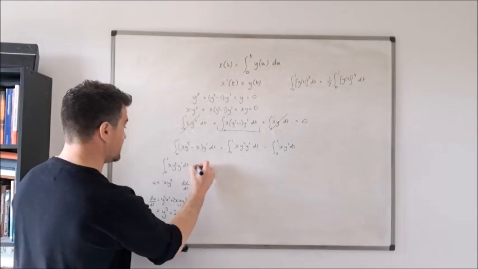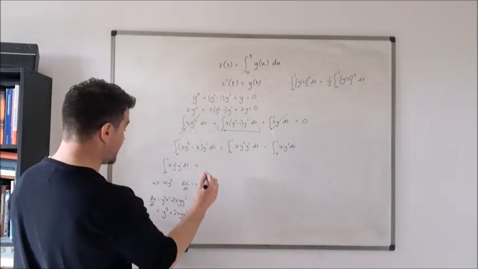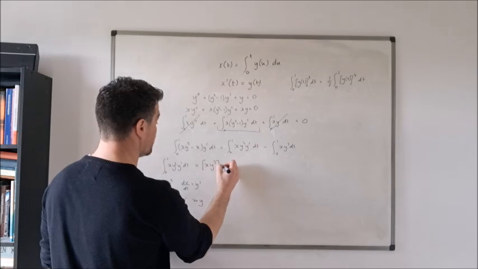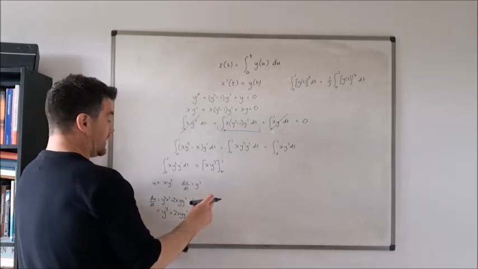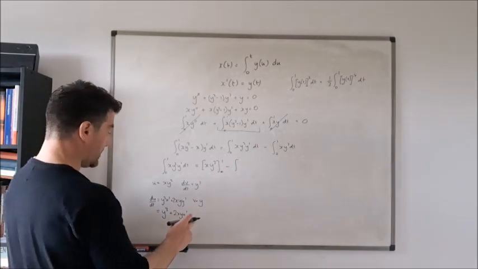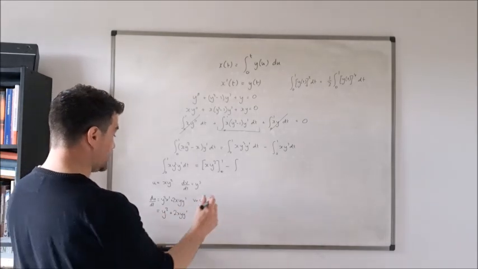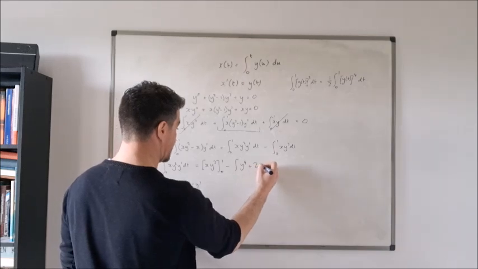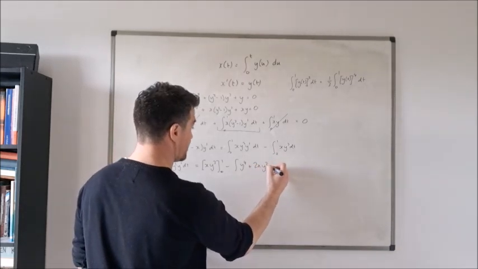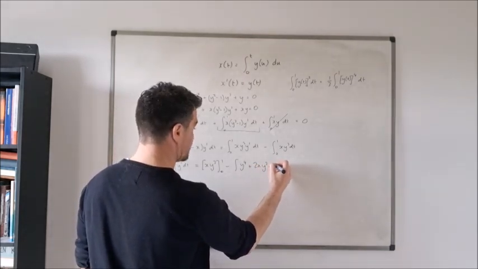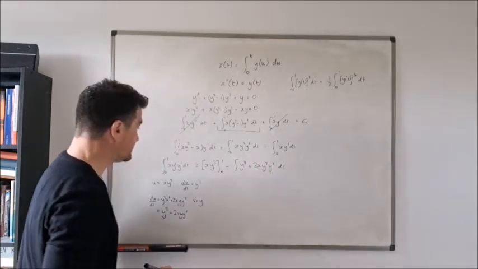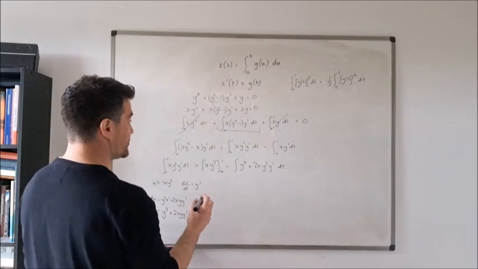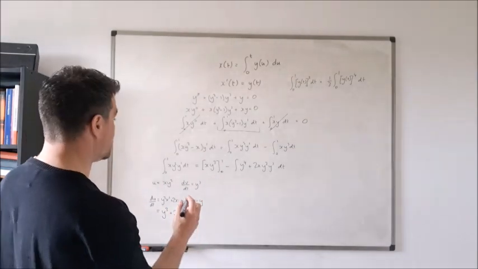Okay, good stuff. So this is going to be equal to u times v, which is going to be xy cubed between 0 and 1, minus the integral of v times du by dt, which is going to be y to the power of 4 plus 2xy squared y primed dt. Okay, so what is that?